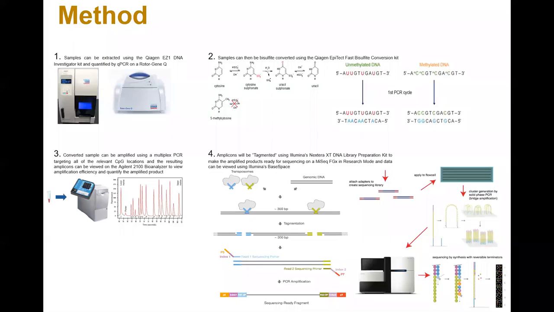The general concept for this is you are going to be taking DNA. It can be genomic DNA or PCR amplicons. And you're going to be using Illumina's transposome. So what this is doing is simultaneously fragmenting and tagging fragments of DNA that are going to be approximately 300 bases in length.